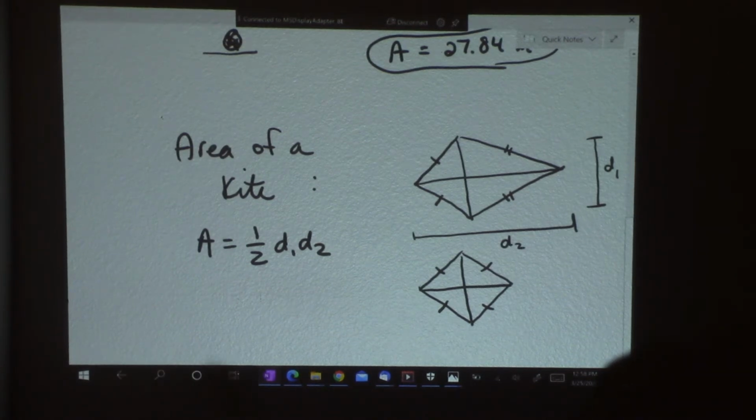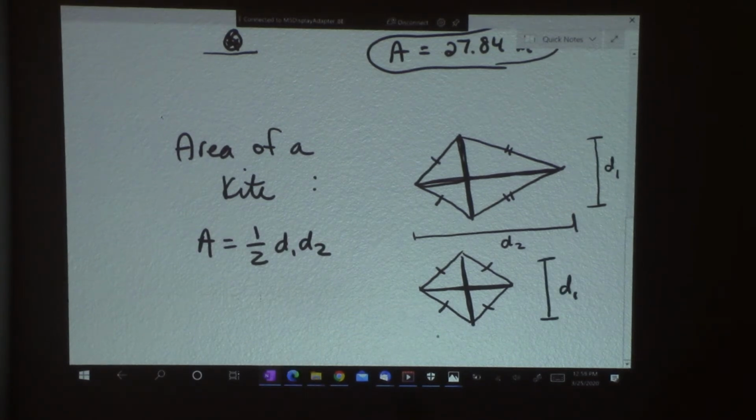So I'm looking at the diagonals that go across our shape. Okay, so why don't you go ahead and write those down. And down here, if I had an actual diamond, it would be this one times this one.